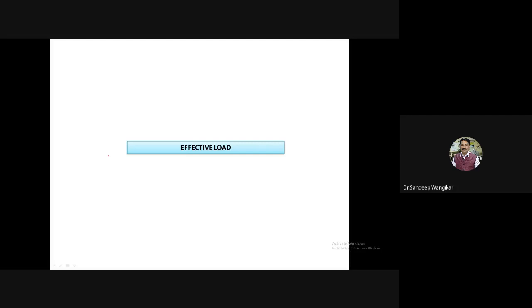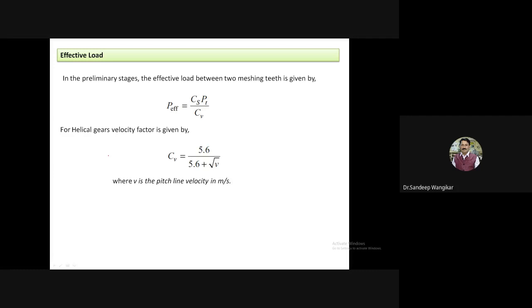In spur gears, we calculated the effective load in two ways. First is the approximate estimation method using the velocity factor in the preliminary stages of gear design, and next is the precise calculation. So these are the two different methods that we have discussed.